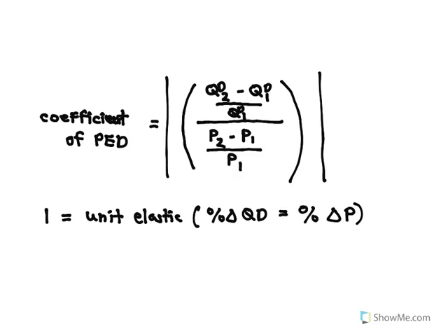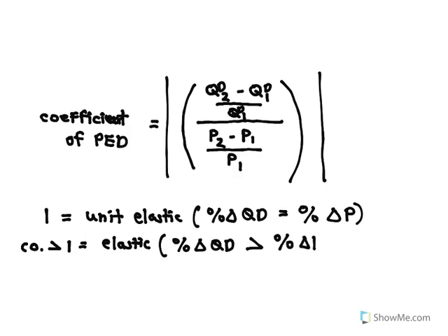If the coefficient is greater than 1, that would mean demand is elastic, which would mean the percent change in quantity demanded is greater than the percent change in price. So the effect of the price change is greater than the price change itself, and so the numerator of the fraction is going to be greater than the denominator, which means we have a number that's greater than 1.